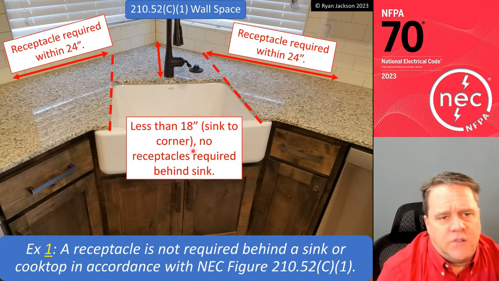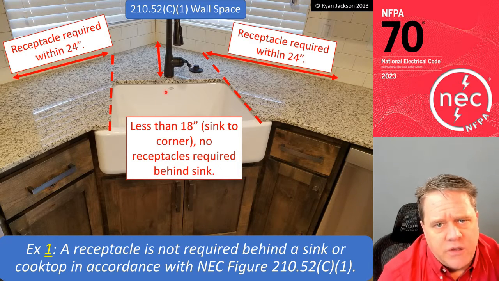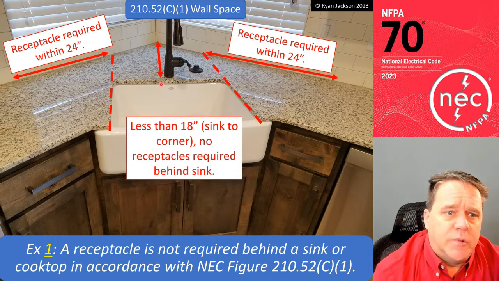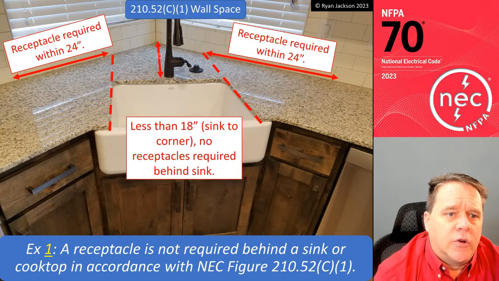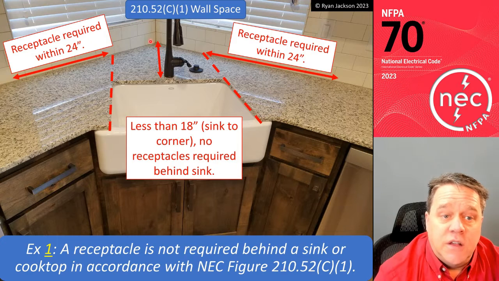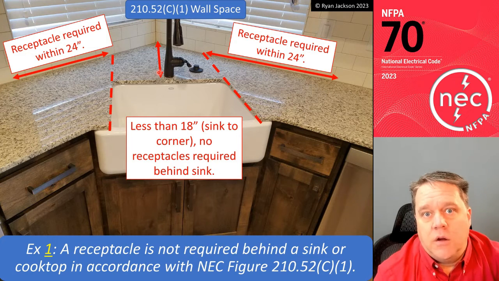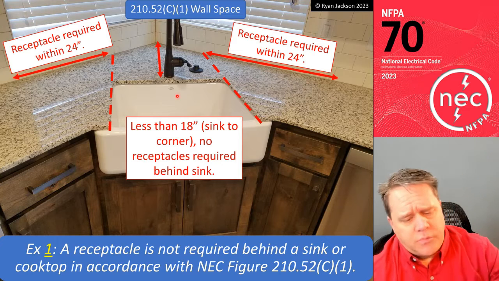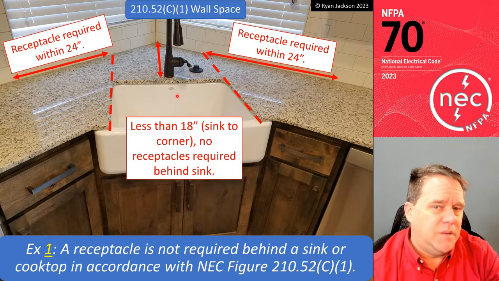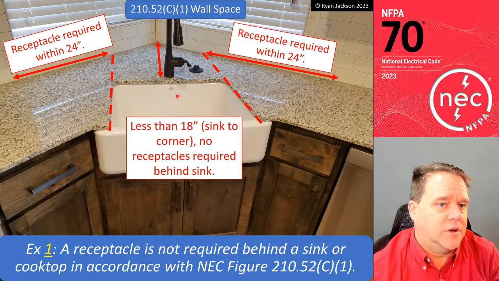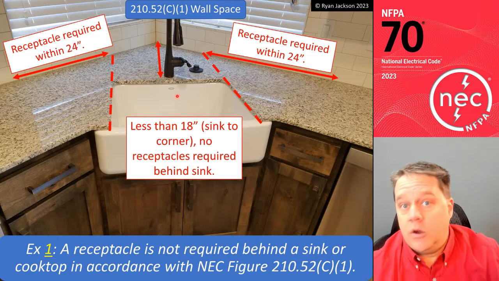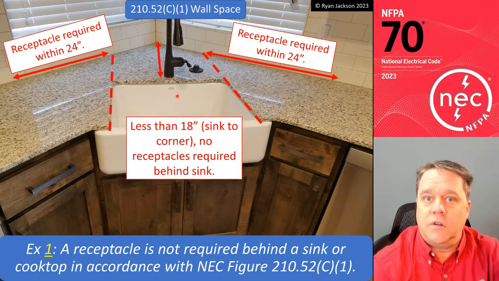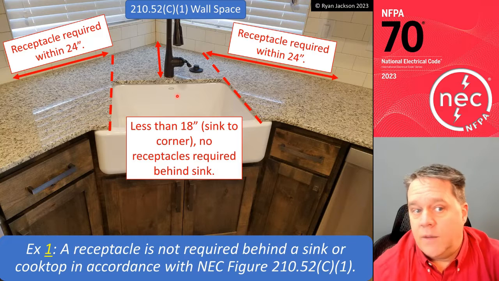But what it says is, if your sink is in the corner and the space between the back of the sink and the corner of the wall is less than 18 inches, then you do not need a receptacle. All right, so if it's that small, then it's probably too small to do anything meaningful back there. You couldn't have a coffee pot or a crock pot or a whatever, right? There's not enough space to plug things in, so you don't need receptacles.